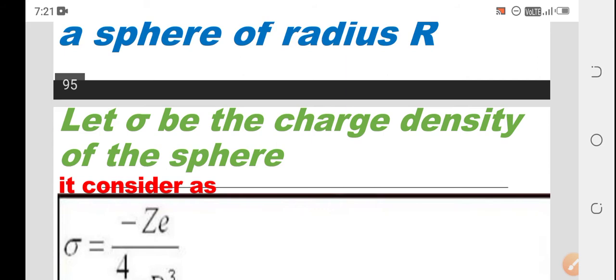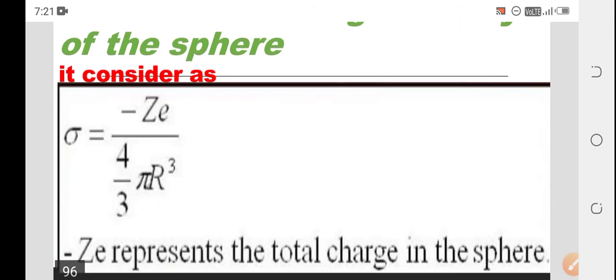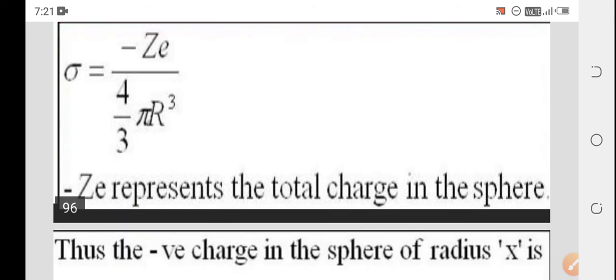Let sigma be the charge density of the sphere. It is given as sigma equals -Ze divided by (4/3)pi r cubed, where -Ze represents the total charge in the sphere.